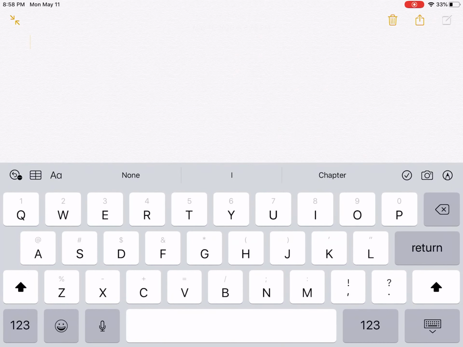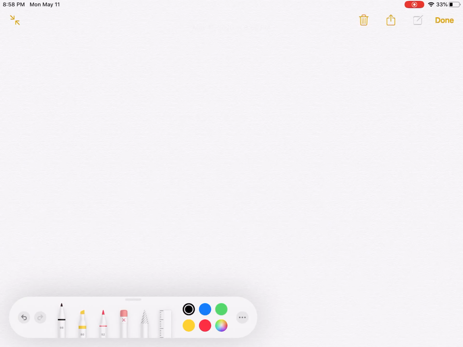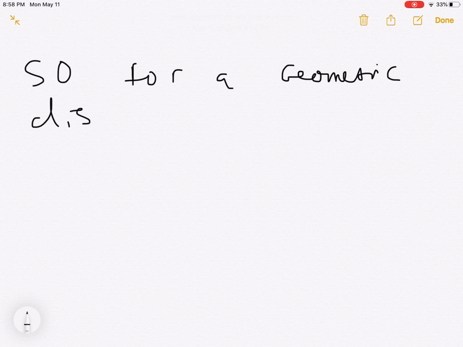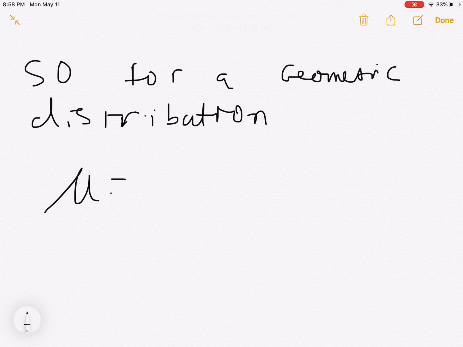So the moral of the story is this. For a geometric, the mean value, which is E of X, is going to be 1 over p.